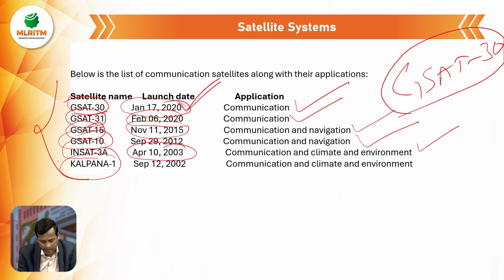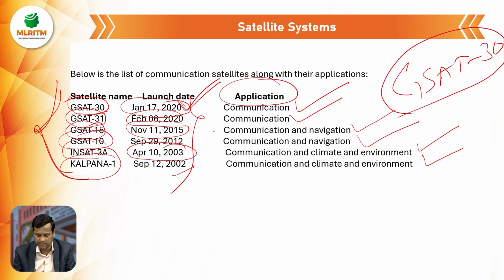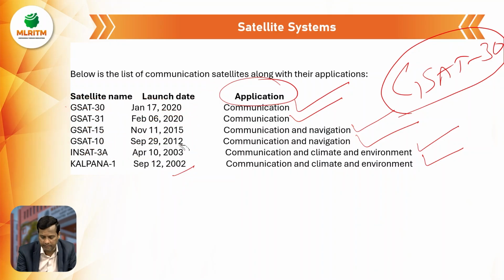And last one is Kalpana 1, launched on September 12, for communication, climate and environment. These are the satellite names, the launch dates, and the applications: communication, navigation, climate or environment. These are the satellites launched by our Indian government.